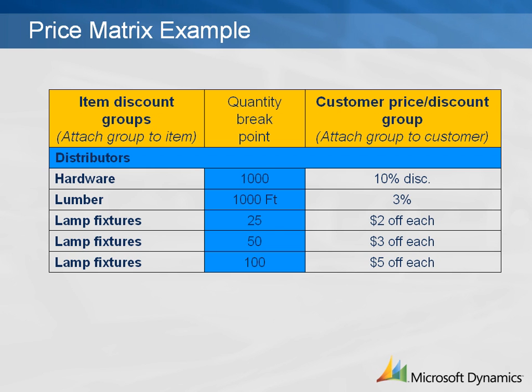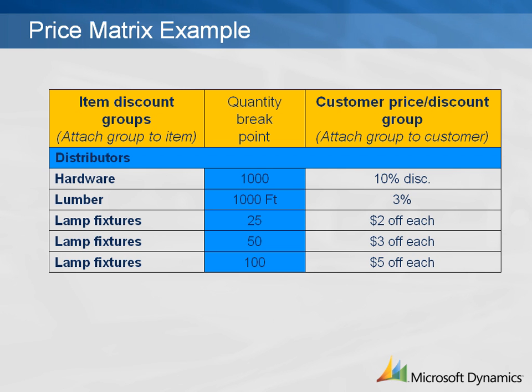Before setting up the pricing, it is helpful to set up a price matrix outlining how the discount will be granted. Who will receive the discount? This will define the customer multi-line discount groups. In this offer, we are only offering multi-line discounts to distributors. What groups of items will receive the discount?